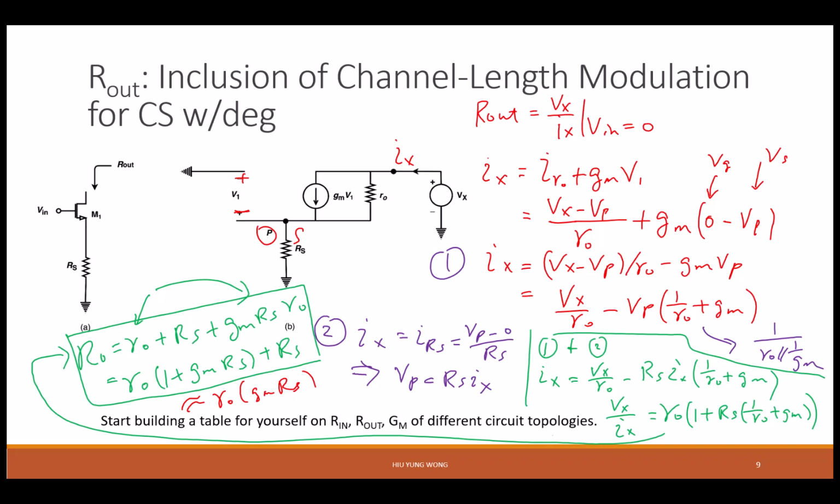You might see something. Some of you might already see something. gm is the conductance. 1 over R0 is the conductance of R0 also. Two conductances adding together is two parallel conductances. So this is just 1 over the parallel of R0 and 1 over gm.